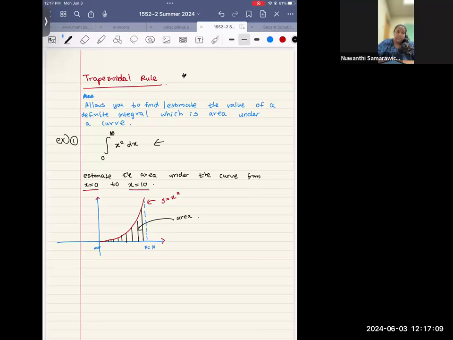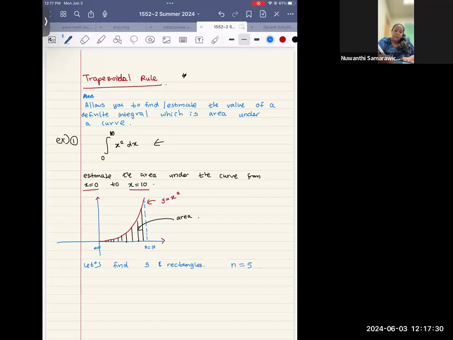Okay. So let's find this by using 5 rectangles. That means n is equal to 5.